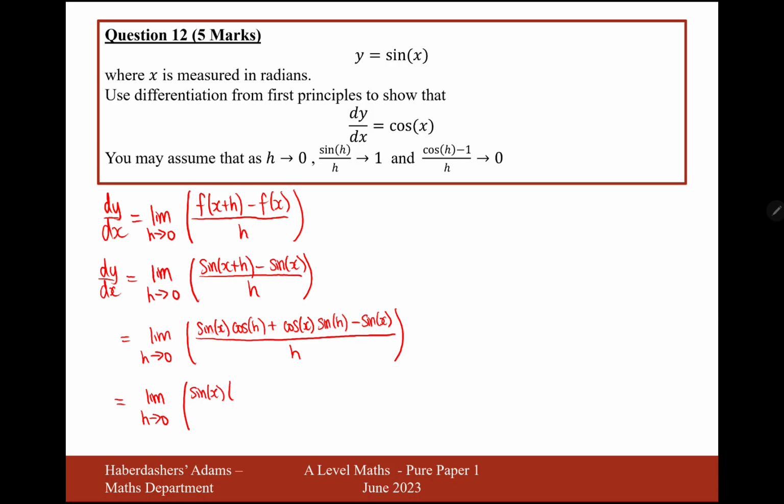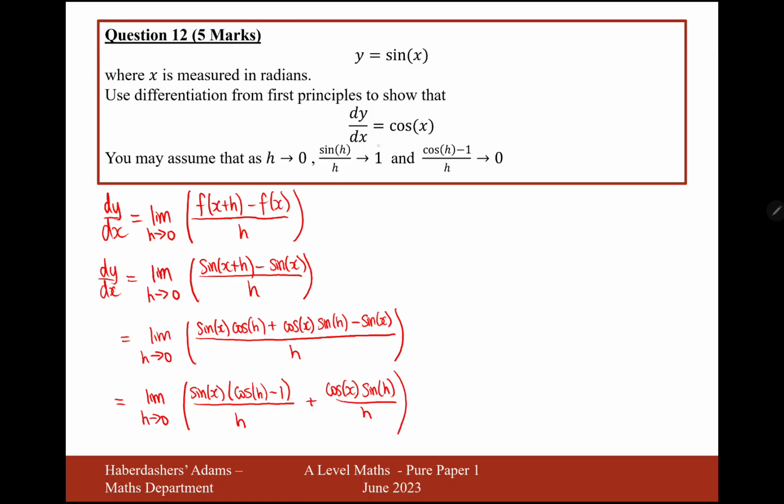In the first term, sine x multiplies by cos h in the brackets. And in the third term, it needs to be a minus 1 in the brackets there. That's all going to be over our common denominator of h. And then add the second term on top of a fresh new fraction, cos x sine h over h.